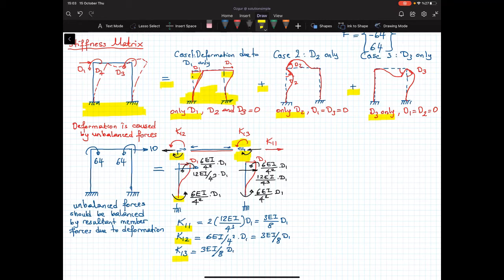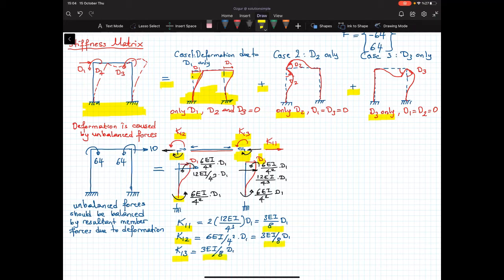In order to generate this deformed shape, I apply K11, K12, and K13. K11 creates a force that gives me D1 displacement, and K12 and K13 keep the other two rotations equal to 0. The magnitude of these forces are as follows.